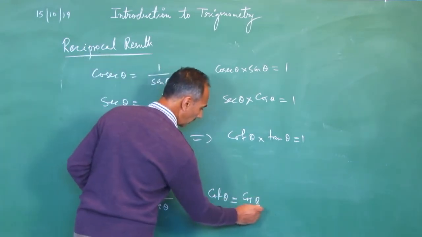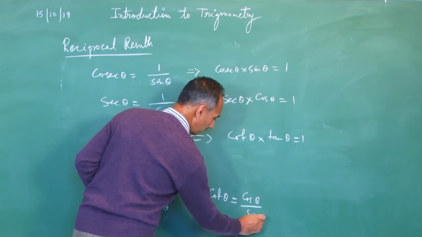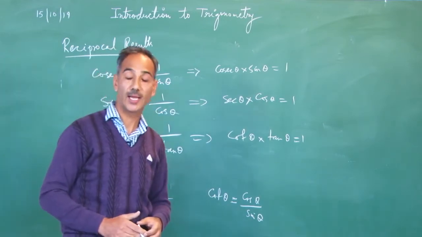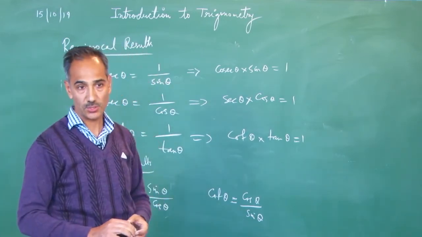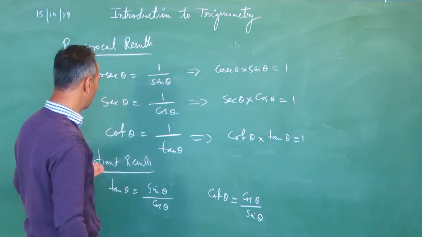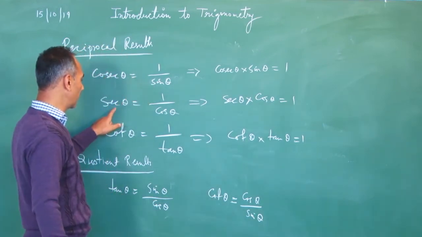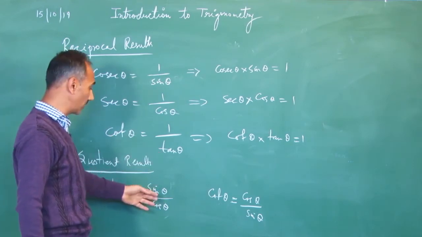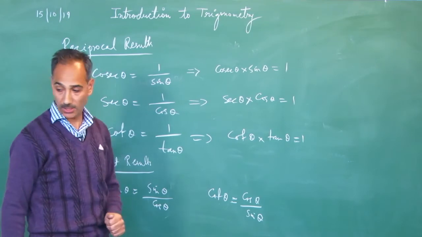So my dear friends, what I said just some minutes before, that sine and cos are the basic T ratios, because the remaining four T ratios are expressed in terms of them. See, cosec expressed in sine, secant expressed in cos, cot expressed in tan, but tan is further expressed in terms of sine and cos.